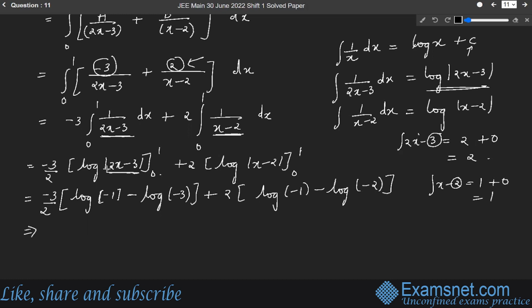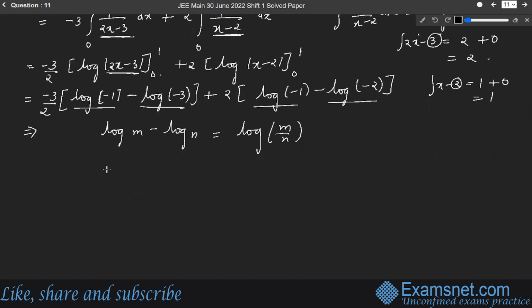Now again we have to use a formula for log m minus log n. What is log m minus log n? It is log m by n. You can see that we have log m minus log n, log m minus log n. So it will be minus 3 by 2 into log minus 1 minus log minus 3, which is log minus 1 by minus 3.